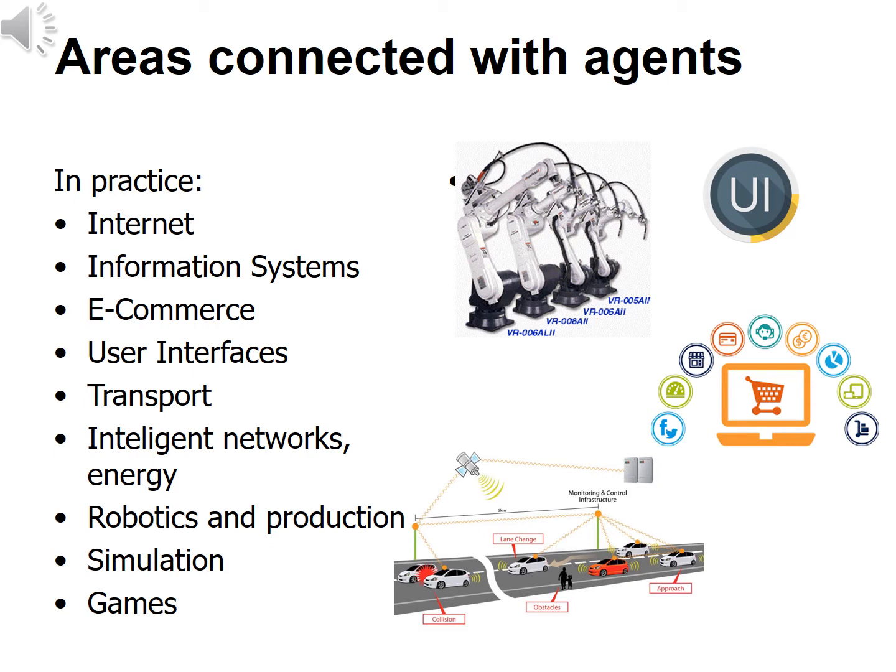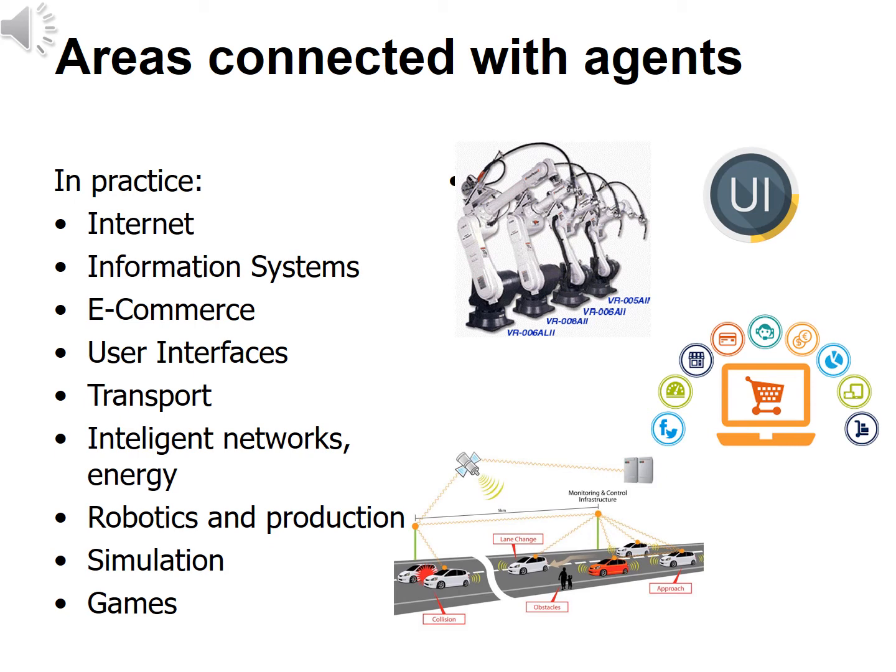You're going to find artificial intelligence software agents in many different fields today. Most of them are found on the internet. You're going to find them in information systems, in e-commerce, when you use user interfaces on your smartphones or your computers, in transport, especially intelligent transportation systems, in intelligent networks, in smart nets, on smart grids of energy.